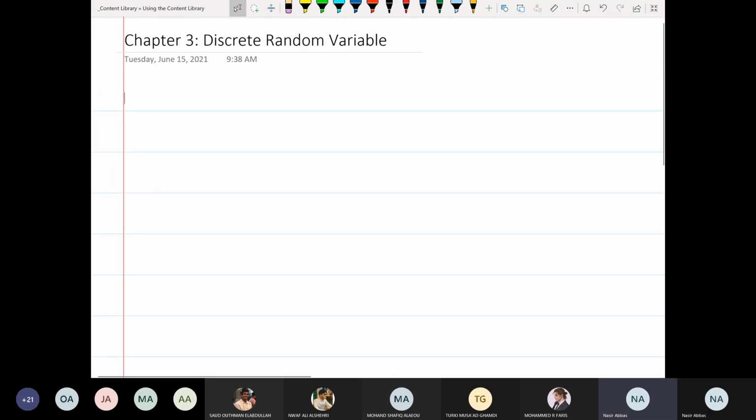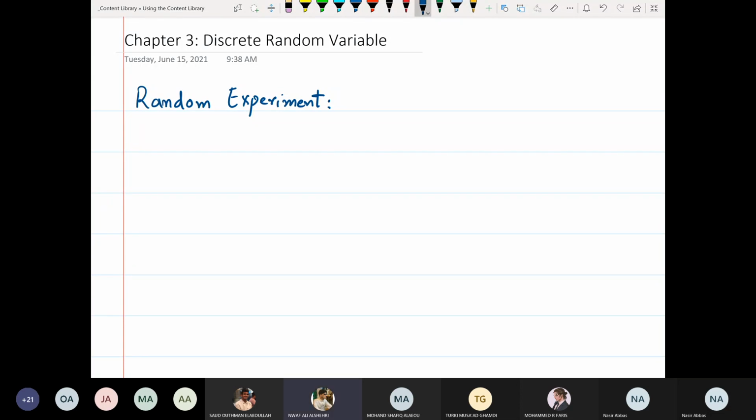Okay, now I'm going to start the next chapter, which is about discrete random variables. And before I start discrete random variables, I'm going to tell you what a random variable is. We talked about random experiment. Can anyone remind us what a random experiment is? Nawaf.